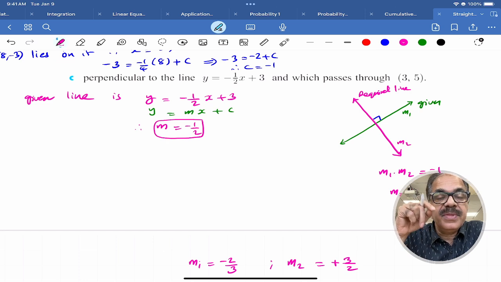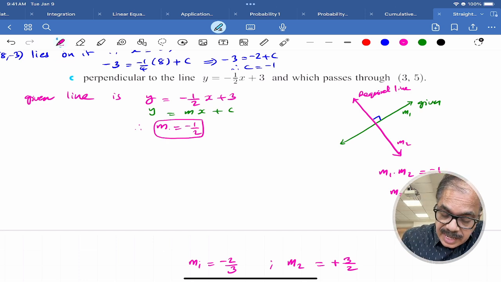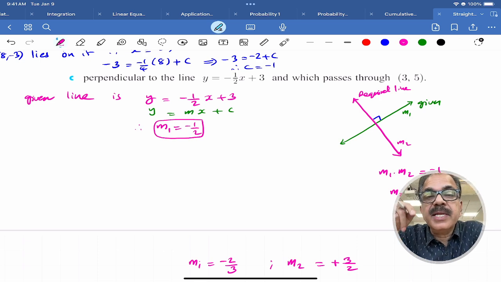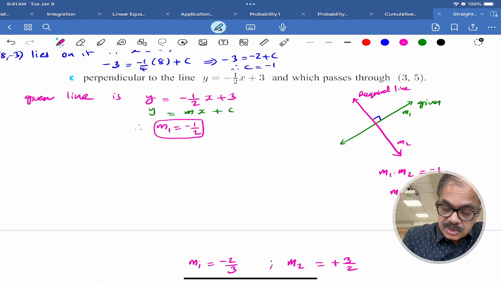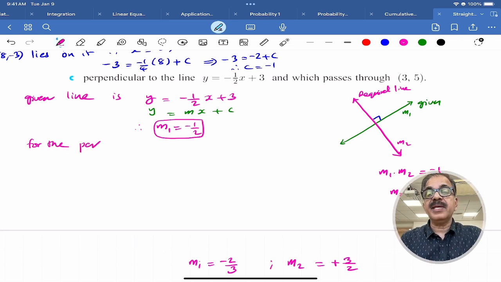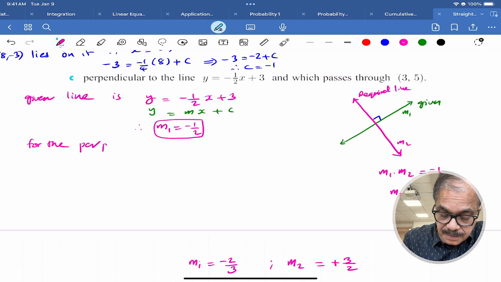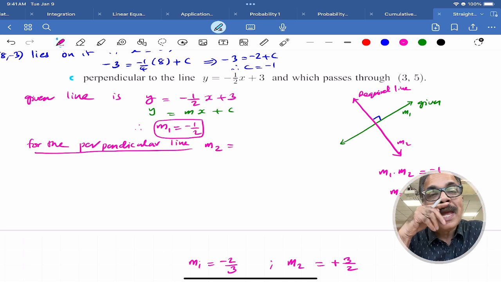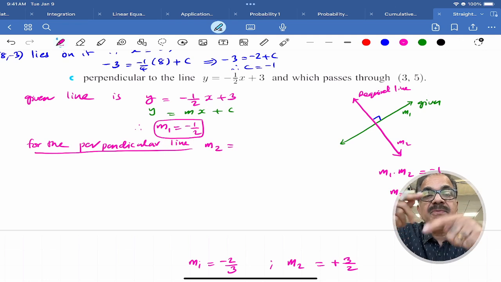So this is the gradient of the given line. I'm going to call it m1 because there are two lines. Now I want to find the gradient of a perpendicular line. If it was parallel, we would have kept the gradient the same. For the perpendicular line, we know that the gradient is going to be the negative reciprocal.